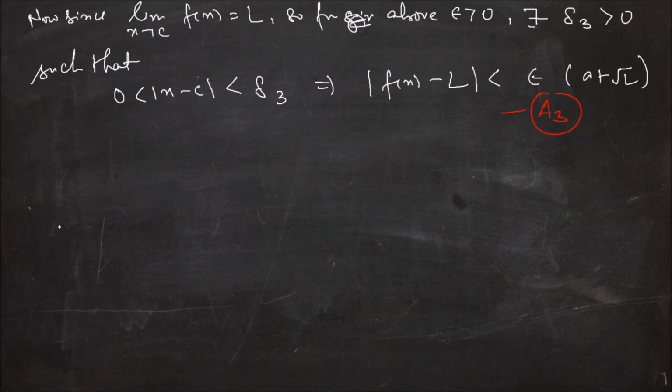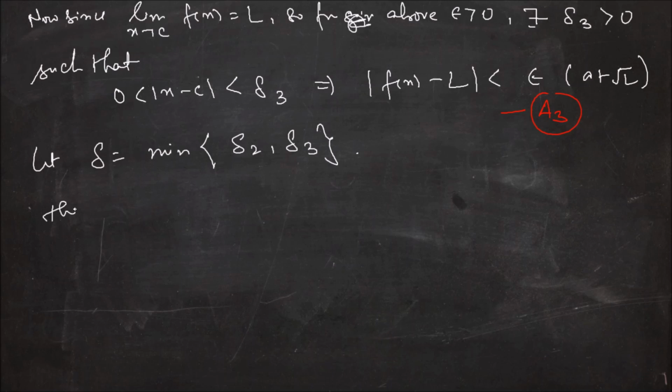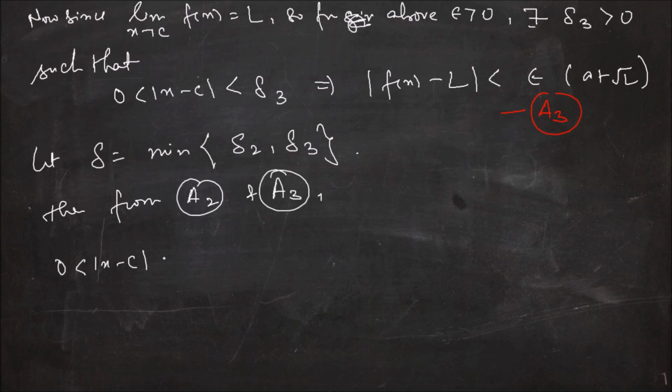So now we want a2 and a3 to hold together for the same delta. So what we will do, we will let delta equal the minimum of delta 2 and delta 3. Then from a2 and a3, 0 less than modulus x minus c less than delta implies there are two things.